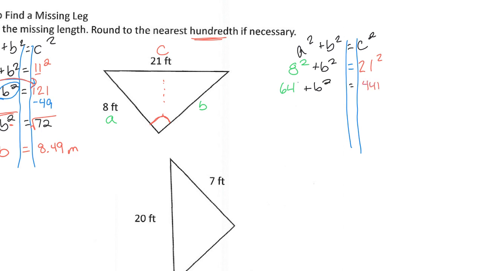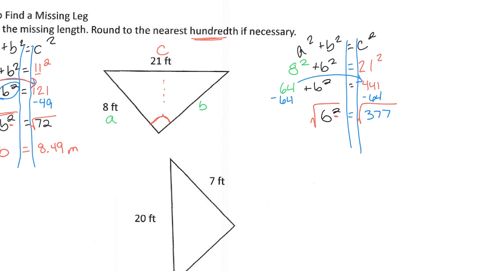Now again, we need to move the 64 over to the other side. So we do the opposite operation. So we subtract 64 on both sides. So what's 441 minus 64? And that's 377. And then we bring down our B squared here. Again, we can't leave that squared there. So we have to take the square root of each side.